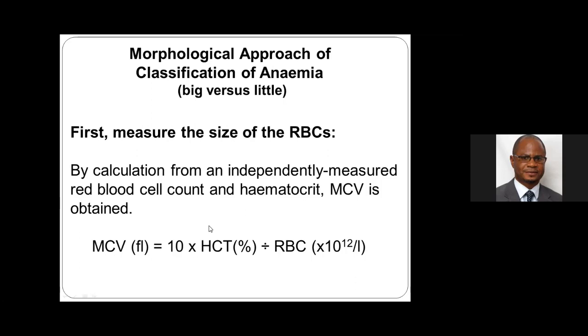And is equal to 10 times the hematocrit, which is in percentage, divided by red blood cells times 10 to the power 12 per liter. So when you do this calculation, you get the MCV. But currently, because we have machines giving us the results straight away, we tend not to be bothered too much about the formula for calculating these things. The MCV will give you the mean cell volume of the individual cells. It will count all of them and take the mean for you.